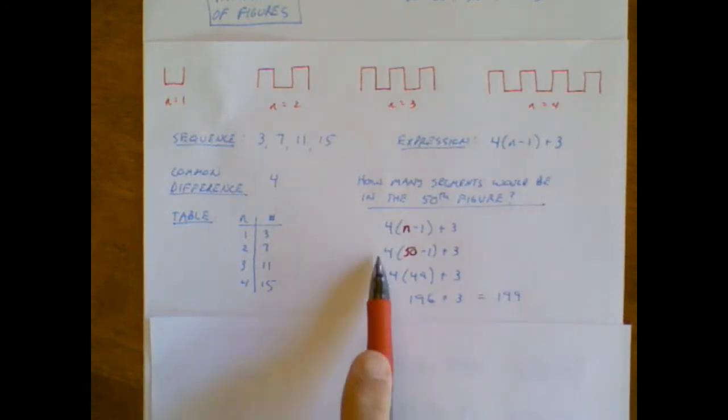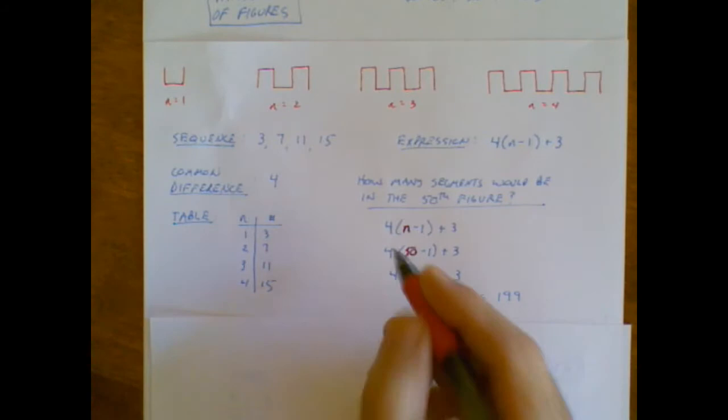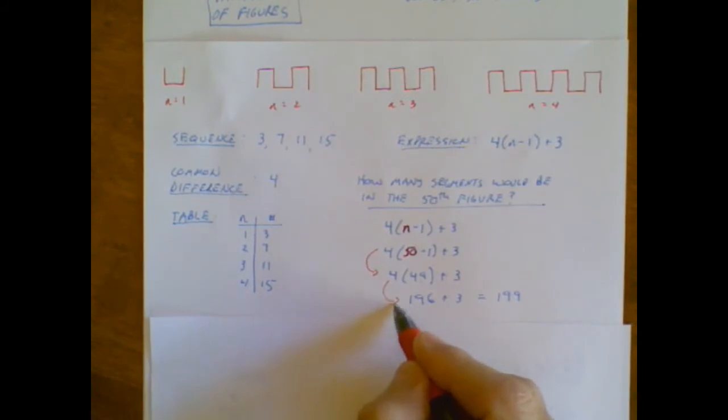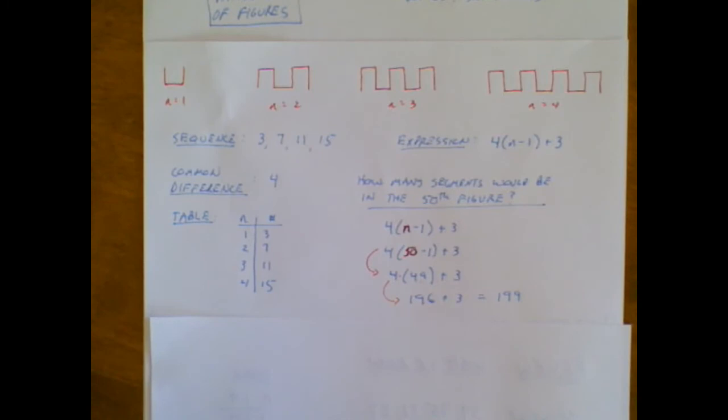But notice in my steps, I'm always recopying everything from above and making one small move. In this step, when I went from here to here, all I did was the 50 minus the 1. When I went from here to here, all I did was the 40 times the 49.